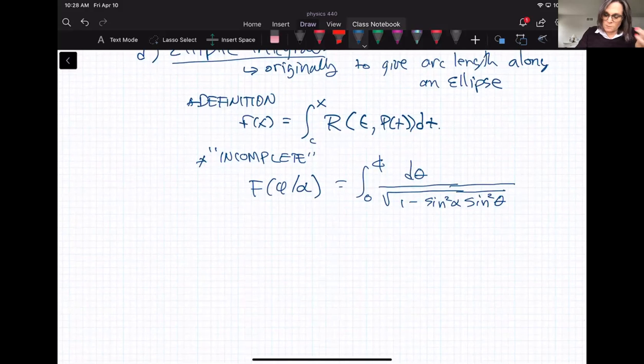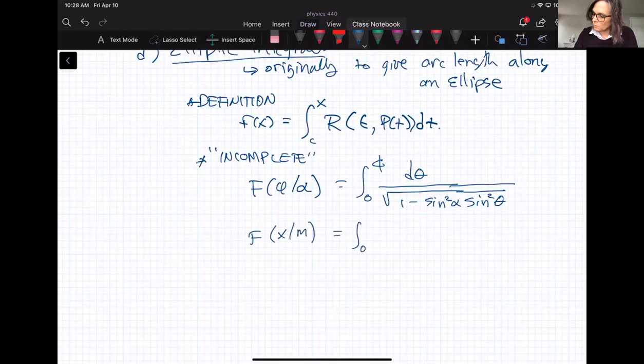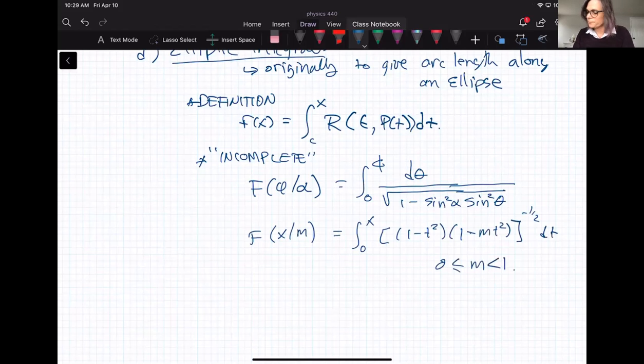There are other forms of this too. You can write this in terms of parameters x and m more generally, so that this is the integral from 0 to x of (1 minus t squared) times (1 minus m t squared), all to the minus 1/2, dt, for m between 0 and 1.